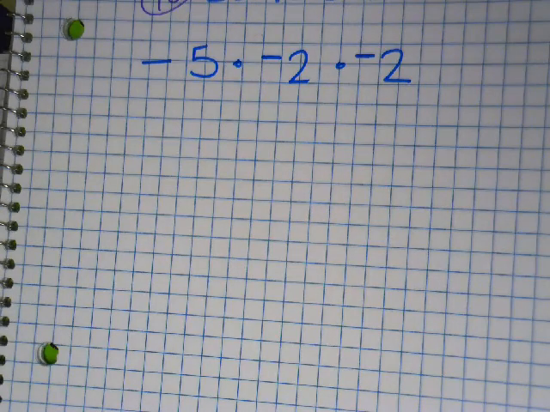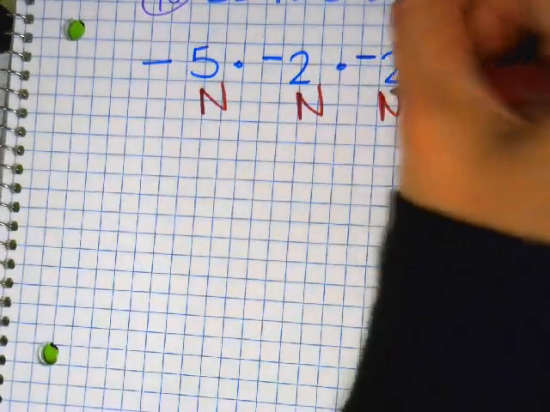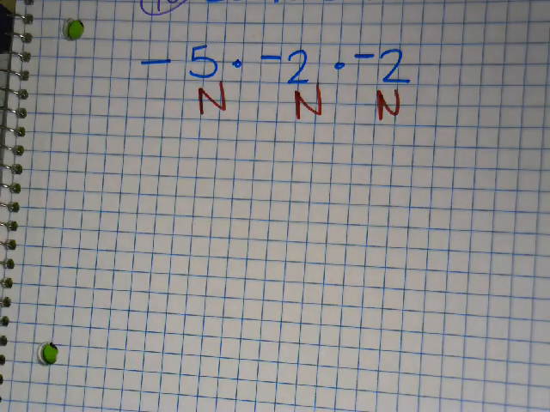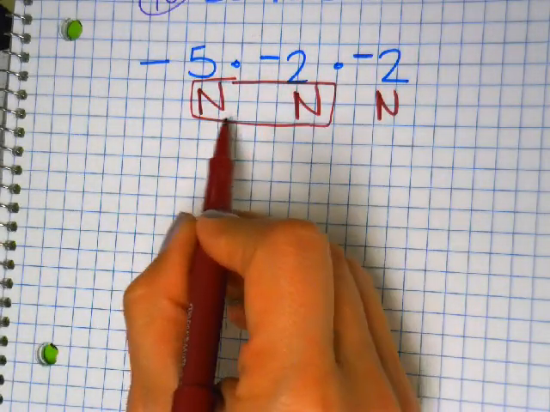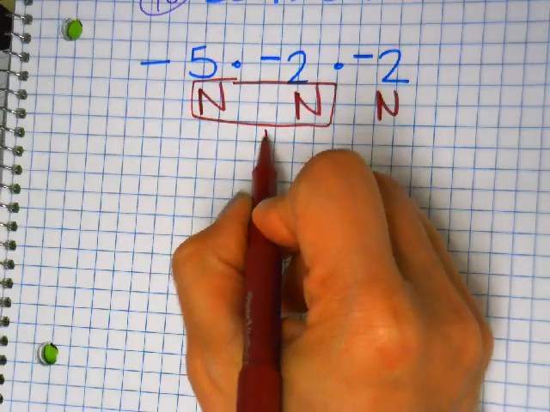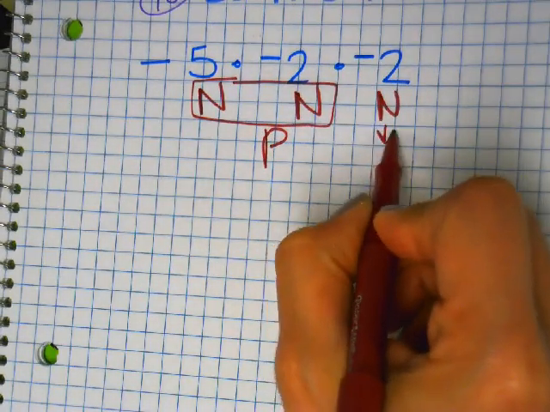No. Negative, negative, negative, right? They're all negatives. What do two negatives give you? Positive. Okay, so these two are going to give me a positive, and now I have still a negative there.